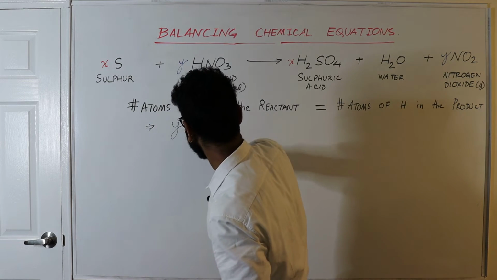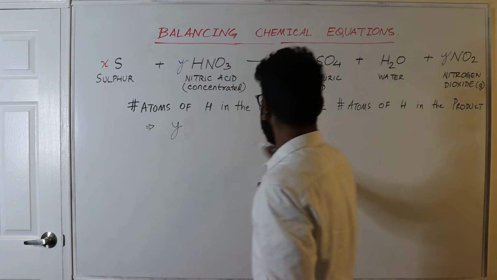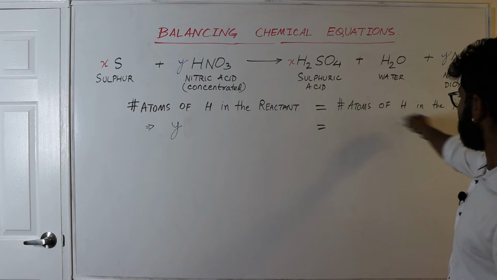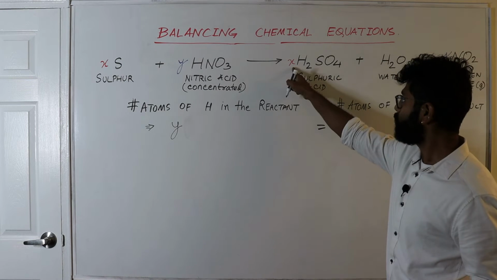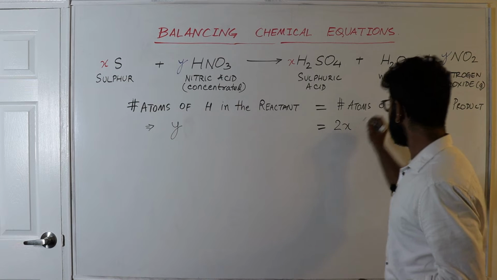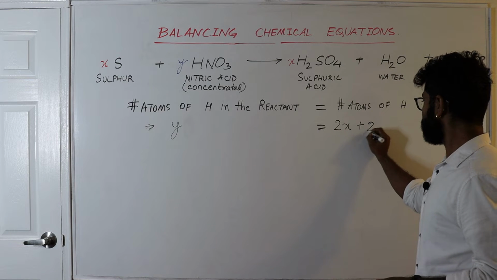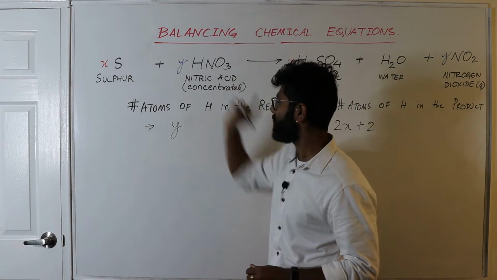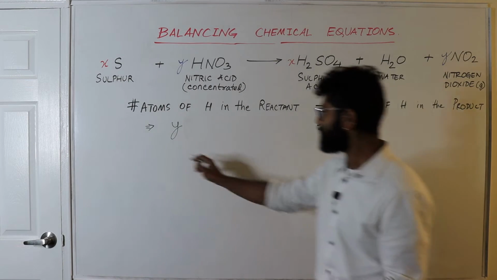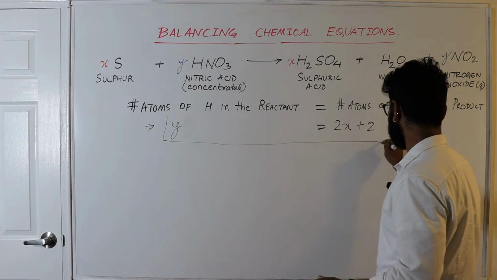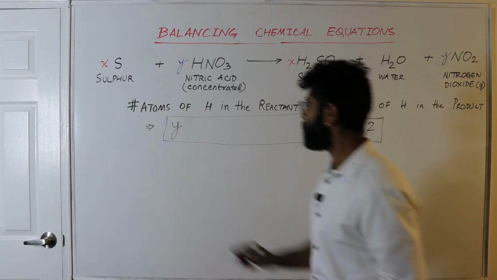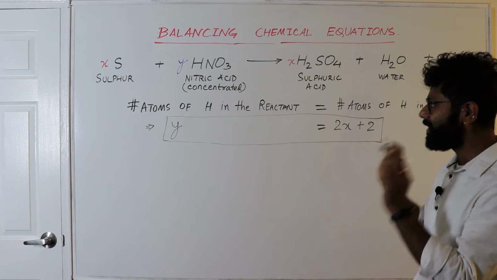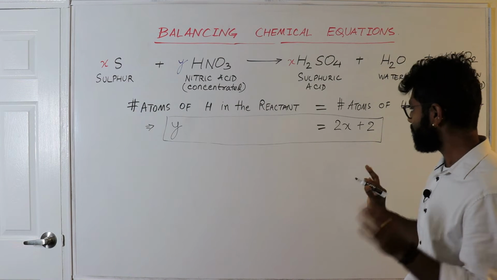In the product side, how many atoms of hydrogen are there? 2X plus 2. There is no hydrogen elsewhere, and there is hydrogen only in here. That means this equation is going to be satisfied: Y is equal to 2X plus 2, right? So this is one of the equations that comes, right?